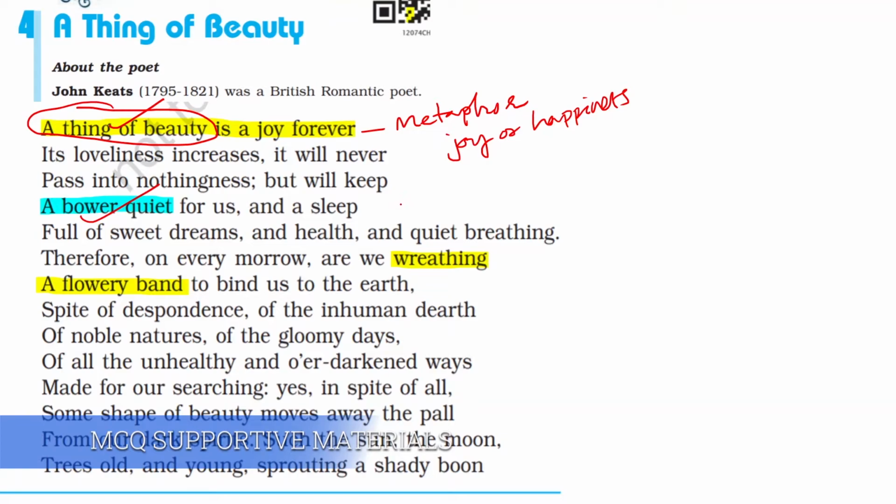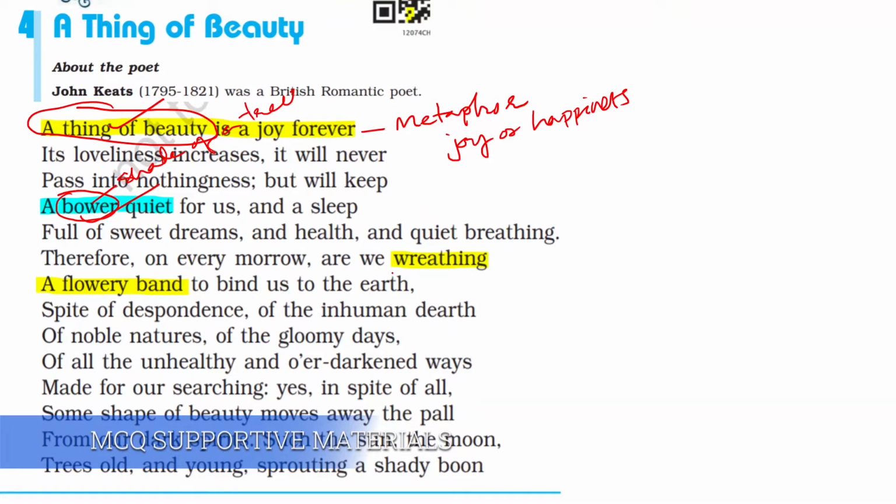The quality of calmness, quietness. Bower means the shade of a tree. The calmness of a bower is compared to the calming effect of a thing of beauty.